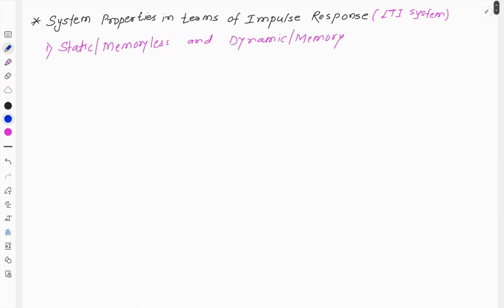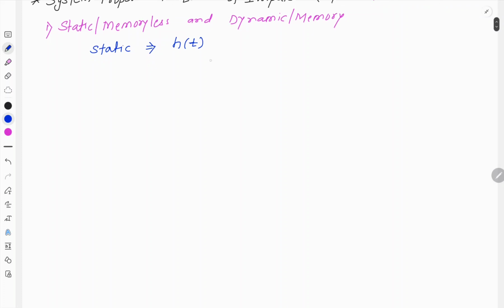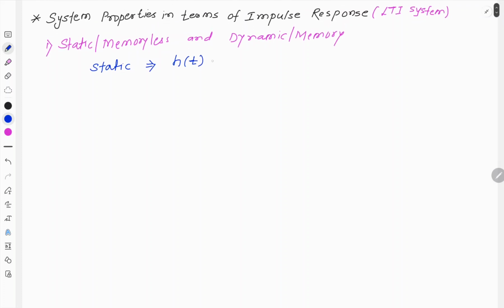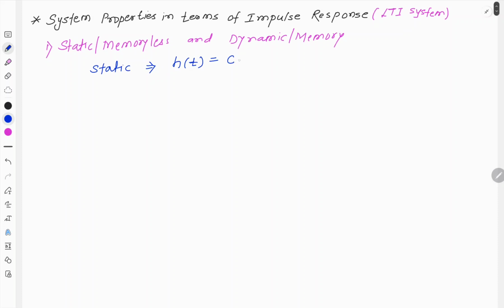In order to classify this system as static, we will be given the system impulse response h of t, and if this h of t can be represented as a constant c times delta of t, where c is a constant value.